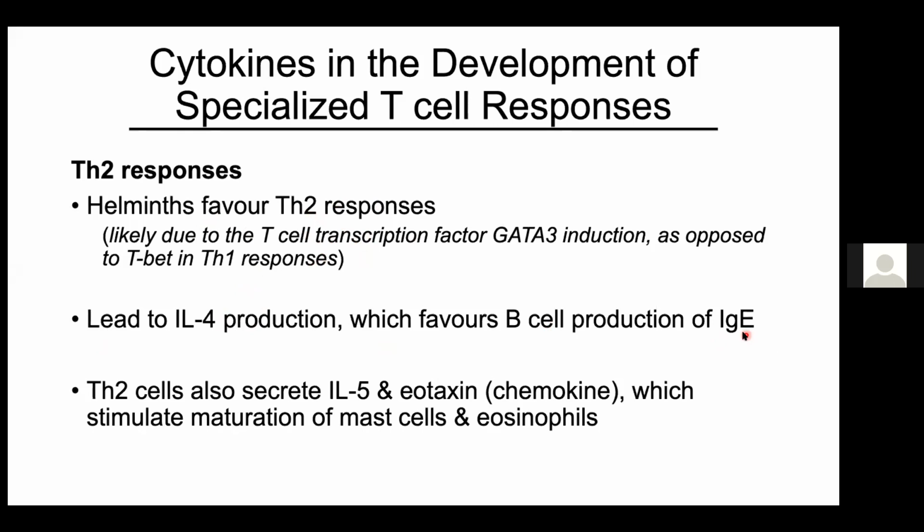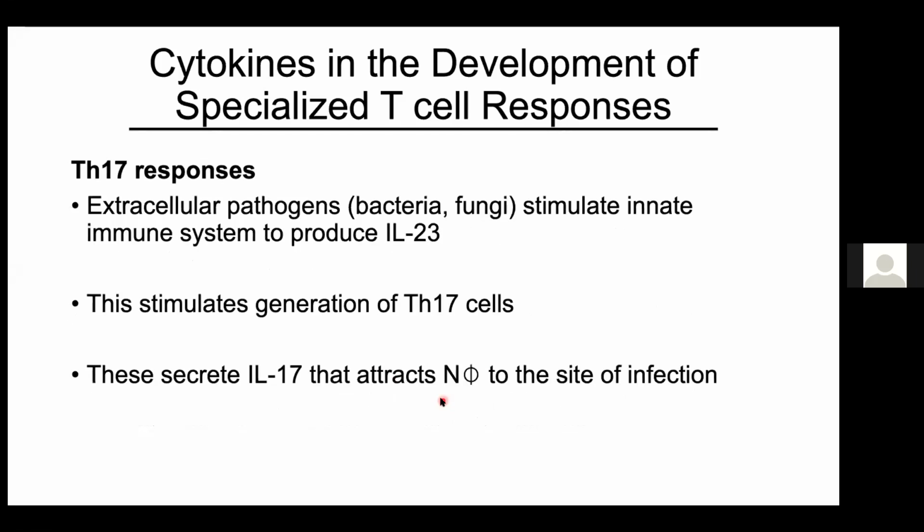And they also produce interleukin-5, which activates mast cells and eosinophils, which are also important in anti-helminthic responses. Remember, the granules that the eosinophils carry contain enzymes that are very toxic to helminths. They also produce a chemokine called eotaxin that would be important for attraction of eosinophils to the site where the helminthic infection is.